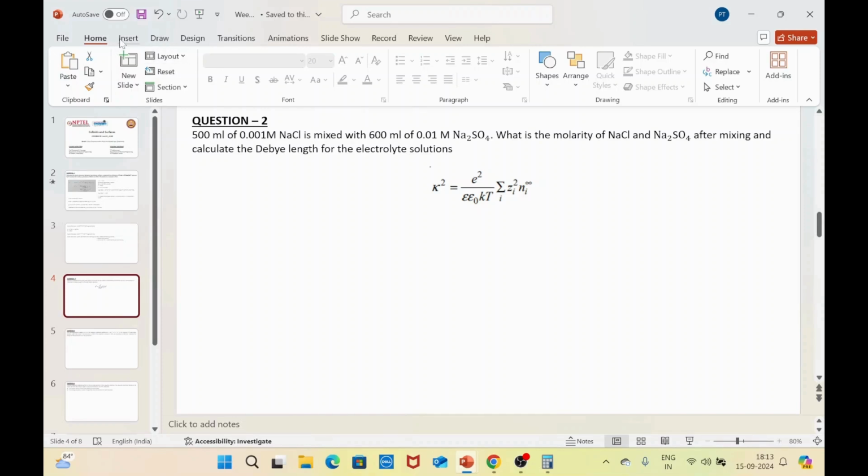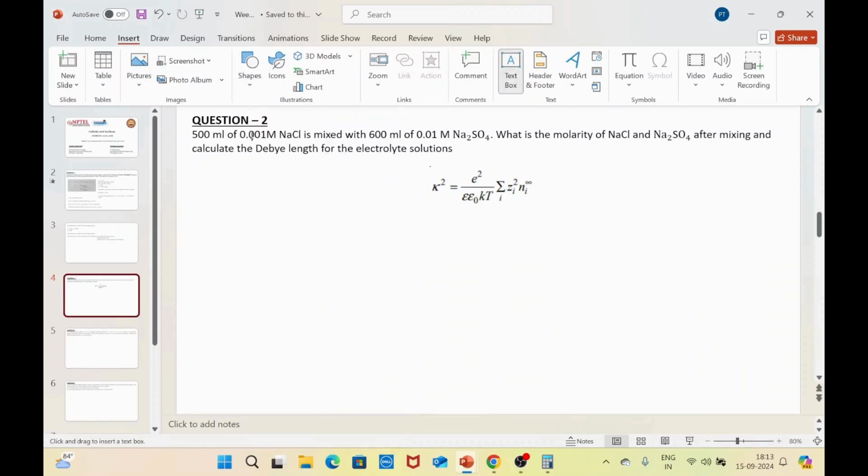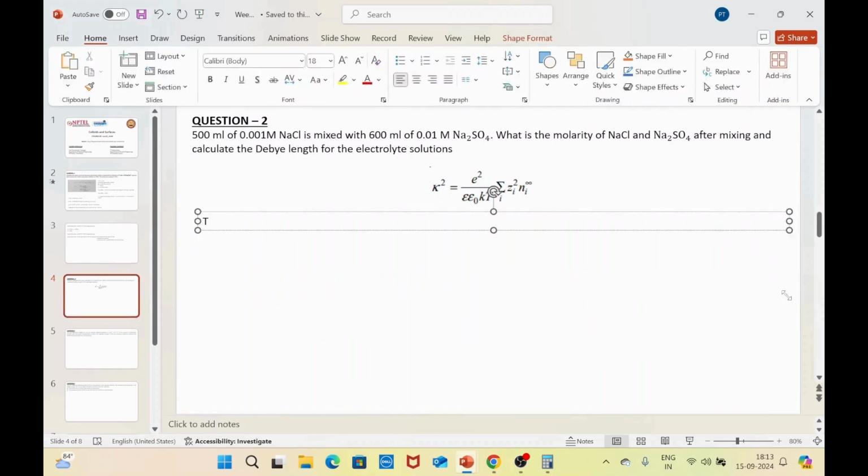So in that case, the total volume of the solution will be nothing but, as I said, they are not going to react with each other. There will be no changes in the concentration upon mixing.